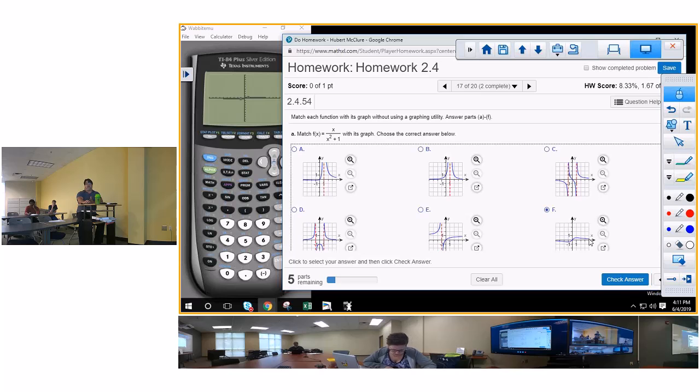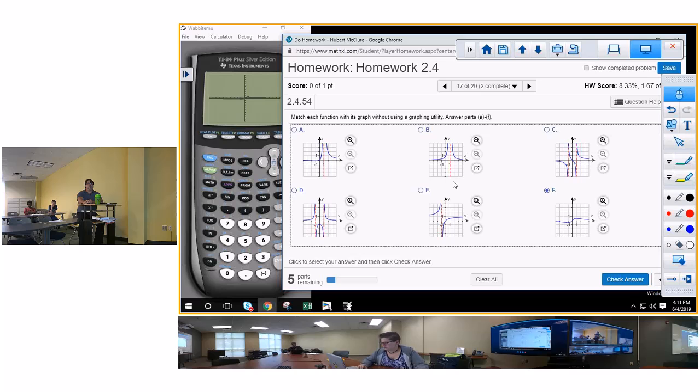You don't have a vertical asymptote, you have a horizontal asymptote, and that's because x over x squared, your horizontal asymptote is going to be 0. That's what they're asking there. So the function is vertical line test. Yes, it's a function, and it's 1-to-1 because the horizontal line test works also.